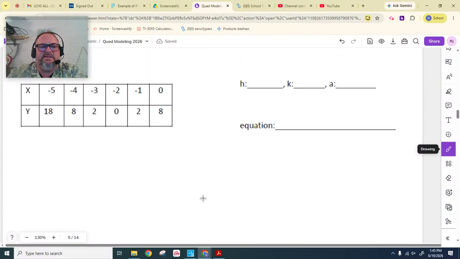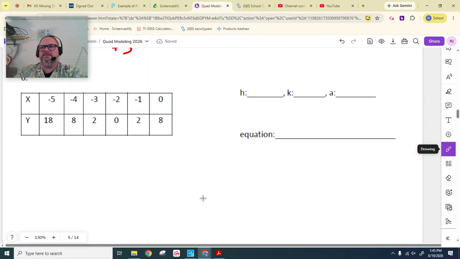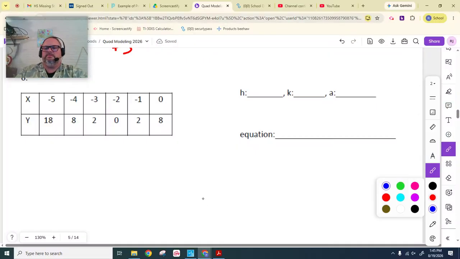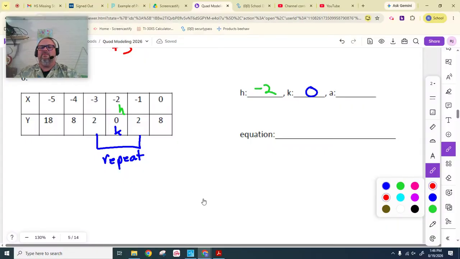All right, 6 is our last one, correct? I didn't do more than 6. All right, good. Y'all like, woohoo! All right. So this is my H. My K is 0. Now, finally, we have something different. How do I go from 0 to 2? Plus 2.